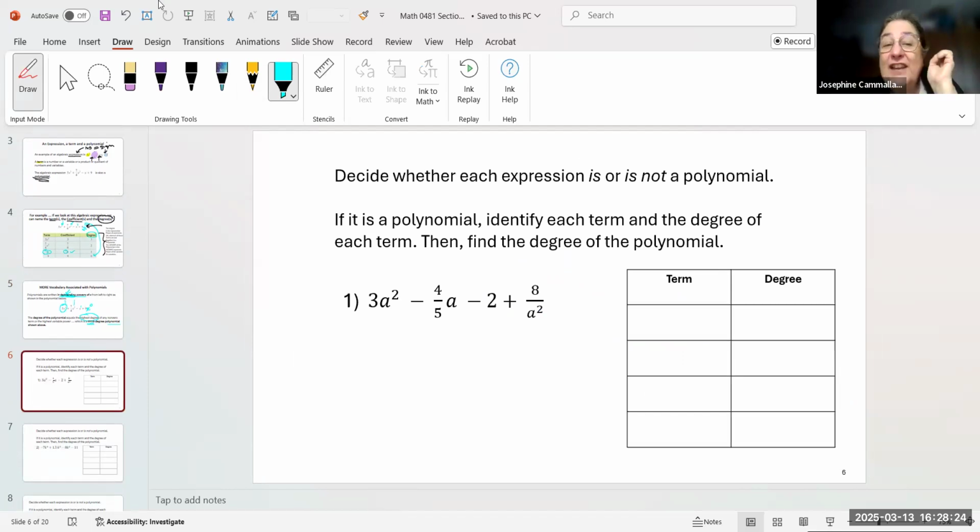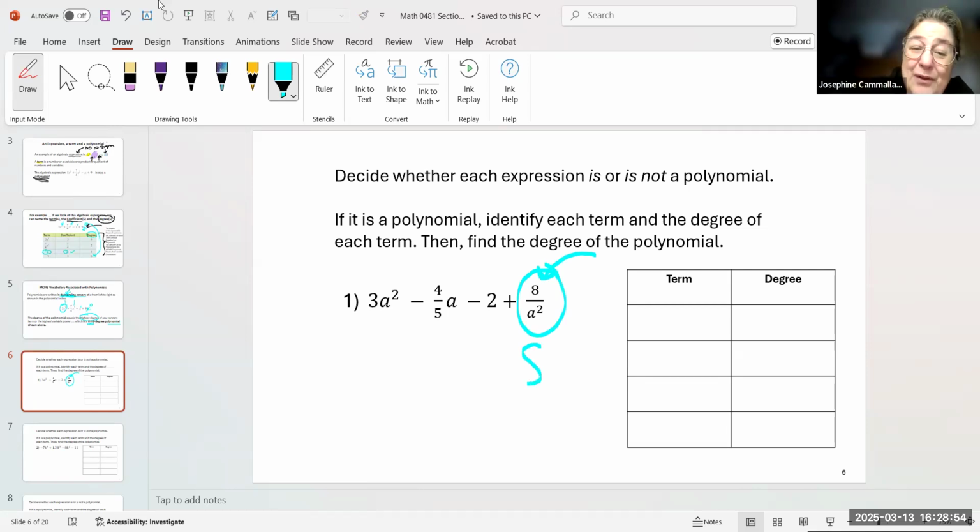Now, if it is a polynomial, then we're going to identify the terms and we're going to state the degree. But remember what we said? Look right here at the last term. Do you see the a squared is the denominator of a fraction?